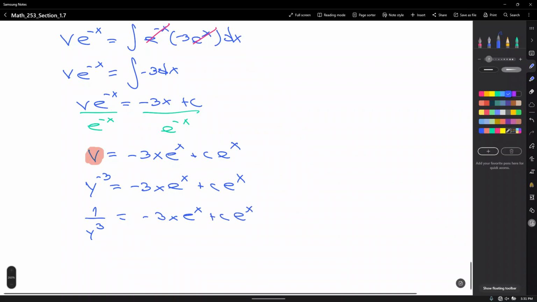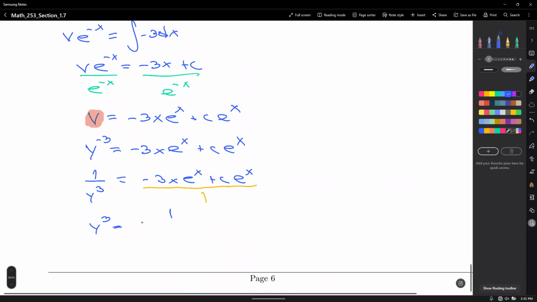You can think of all this as being divided by 1. Simply flip both sides of the equation to get y cubed equals 1 over, I'm going to write the positive term first, c e to the x minus 3x e to the x. Then we can get y by itself by taking the cube root on both sides.